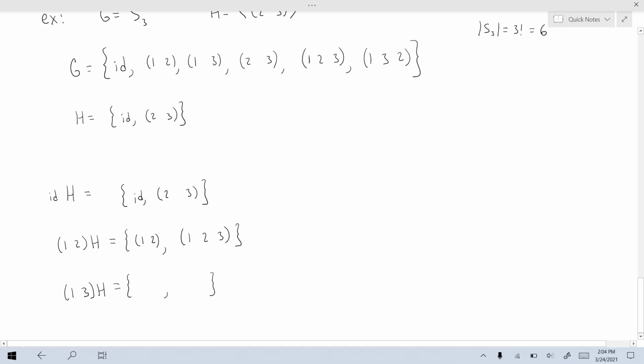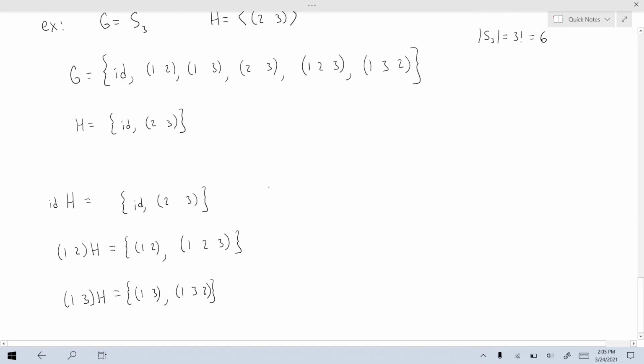Of course (1 3) times the identity will give us (1 3), and (1 3) times (2 3) must give us the permutation (1 3 2), because that was the only element of G that was missing. So it would have to have gone there. So these are all of the left cosets of H in G.